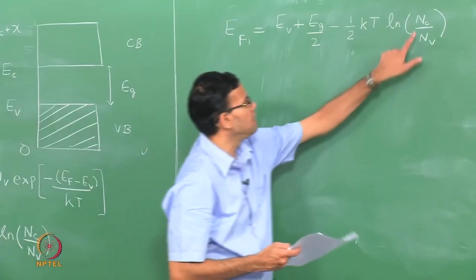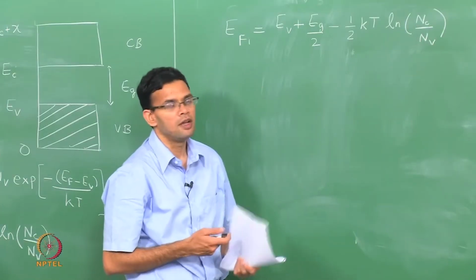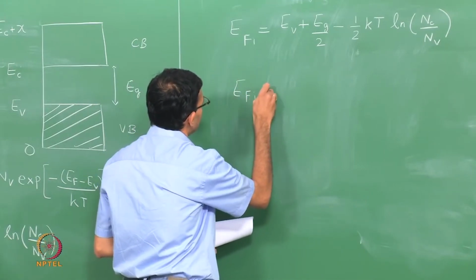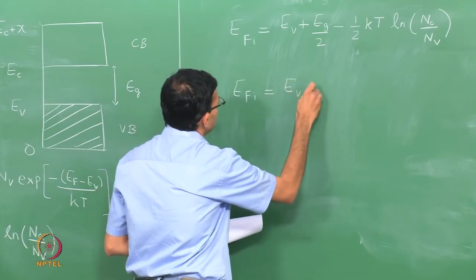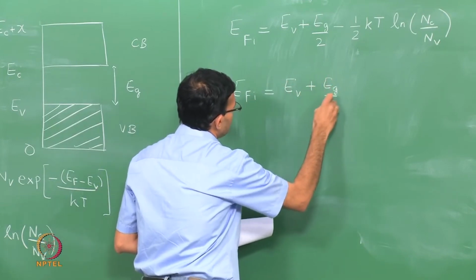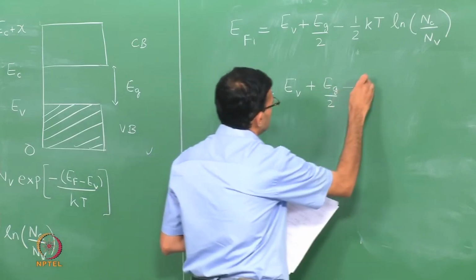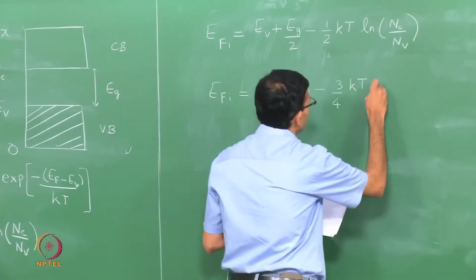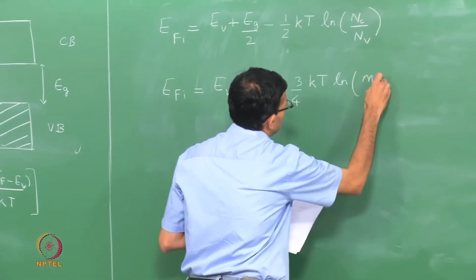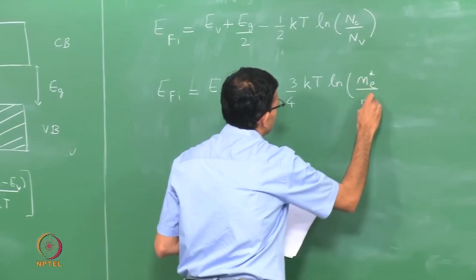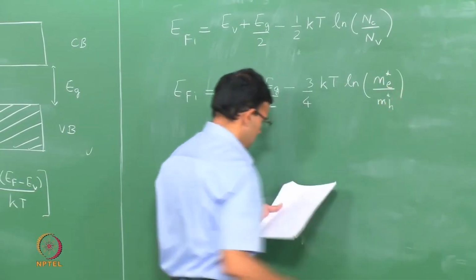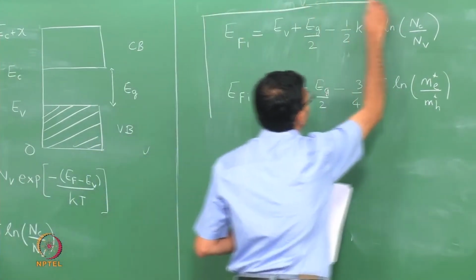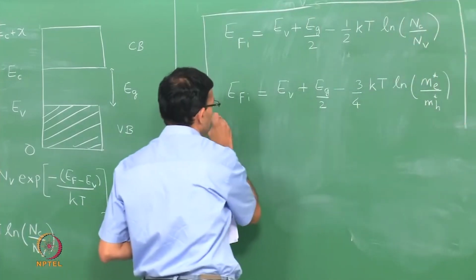So, instead of NC and NV, we can substitute the effective mass, then this expression will change as EFI is EV plus EG over 2 minus 3/4 KT ln of ME star over MH star. So, now you have essentially two equations for calculating EFI.